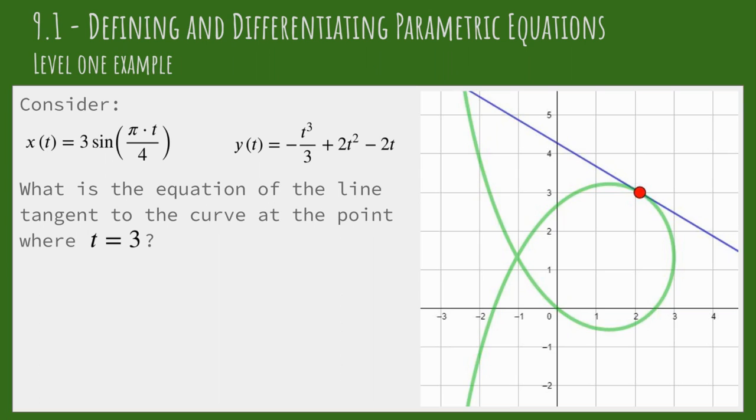So let's start by thinking about how we're going to find the slope of this tangent line here. And remember that slope is given by dy/dx. So slope of a tangent line is given by the derivative of y with respect to x. And with parametric equations, that's going to be the derivative of y divided by the derivative of x.